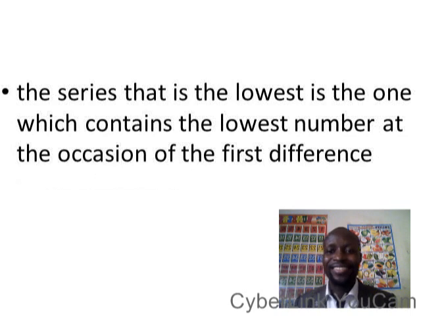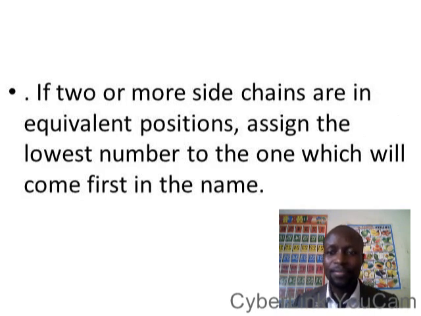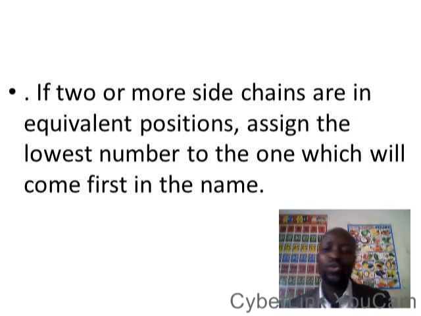The series that is the lowest is the one which contains the lowest number on the occasion of the first difference. Now take this again. If 2 or more side chains are in equivalent positions, assign the lowest number to the one which will come first in the name.